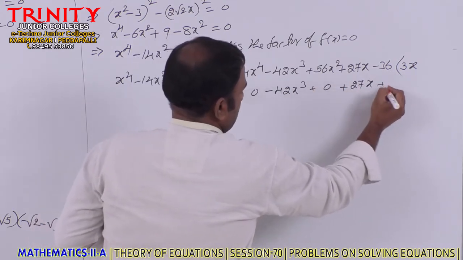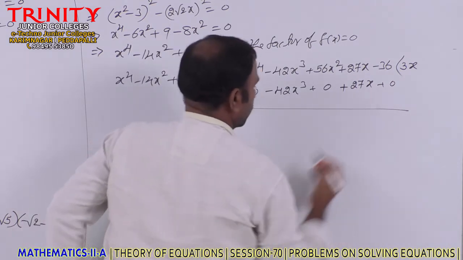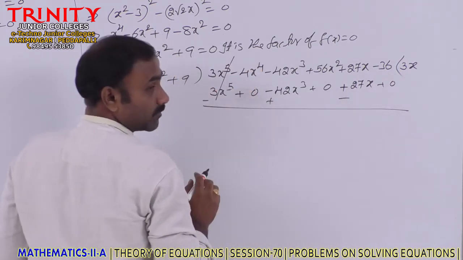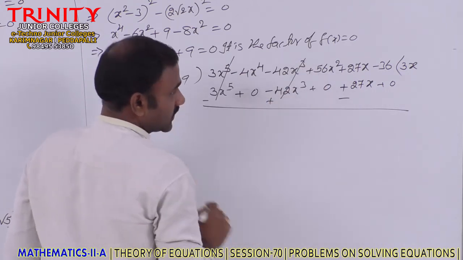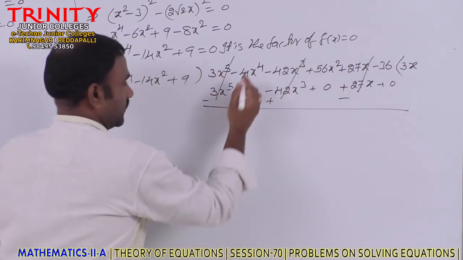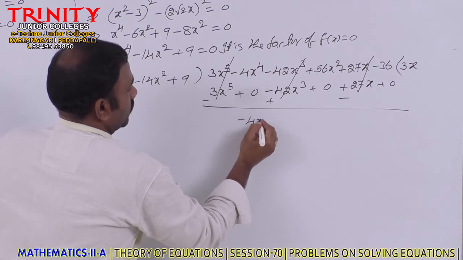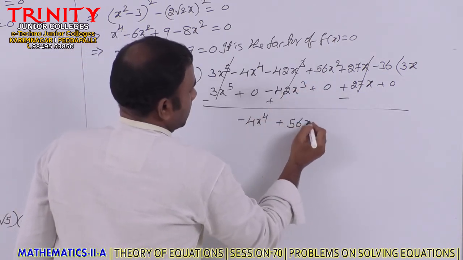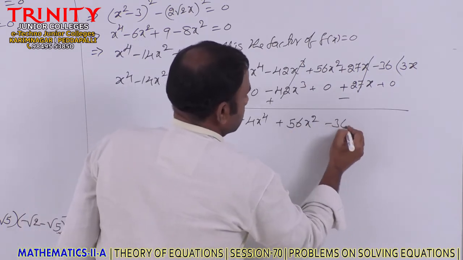No x square, no constant. Minus plus minus cancel. This also cancels. What did we get? 4x power 4 plus 56x square minus 36.